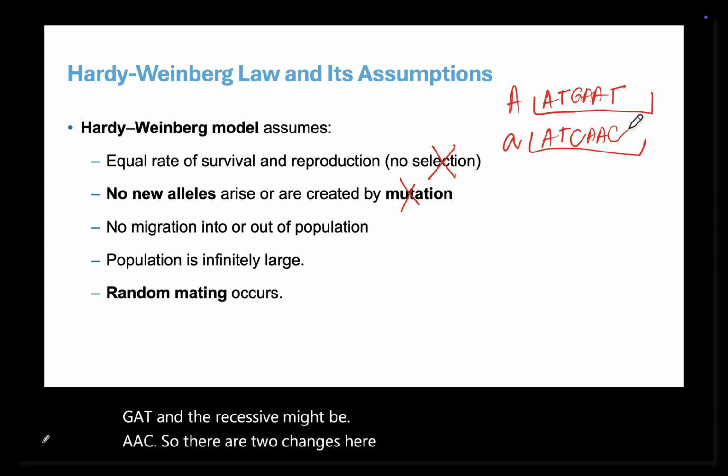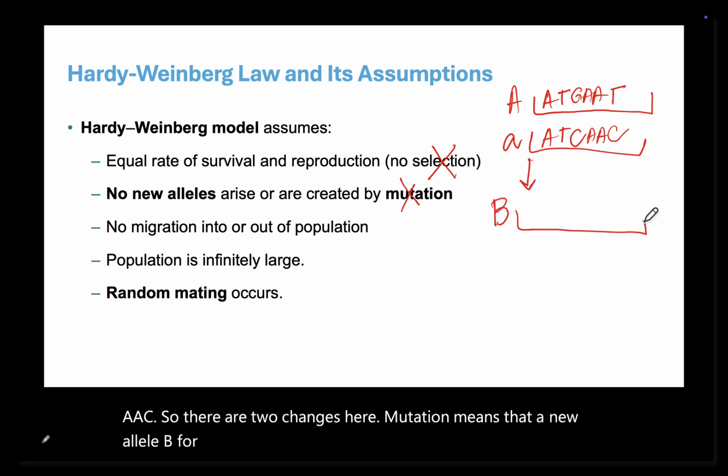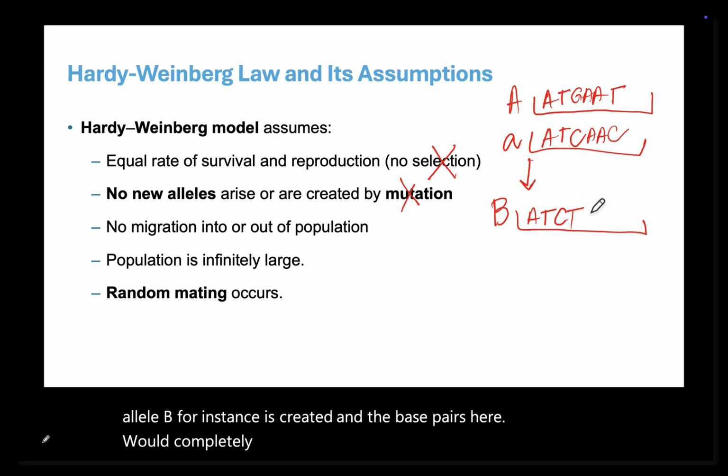Mutation means that a new allele, B, for instance, is created, and the base pairs here would completely change, like this, for instance.